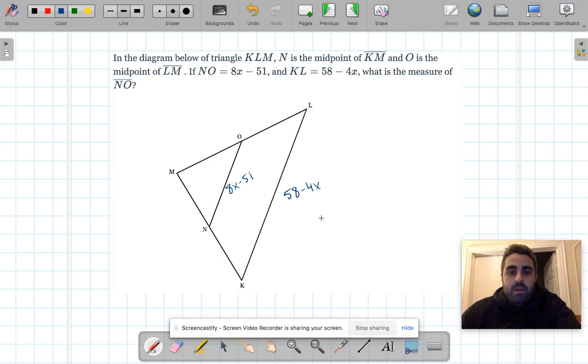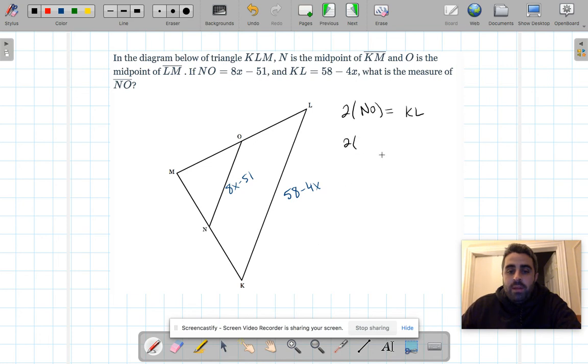All right. Well, I know that KL is twice the length of its associated midsegment, right, NO. So I could say, using the midsegment theorem, that 2 times the length of NO is equivalent to KL.